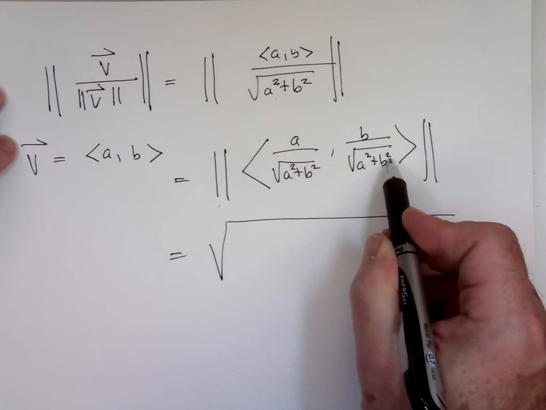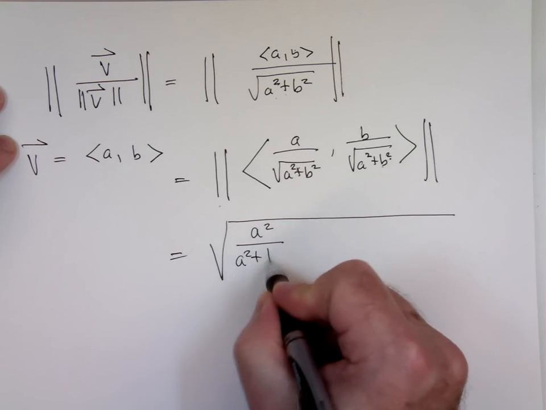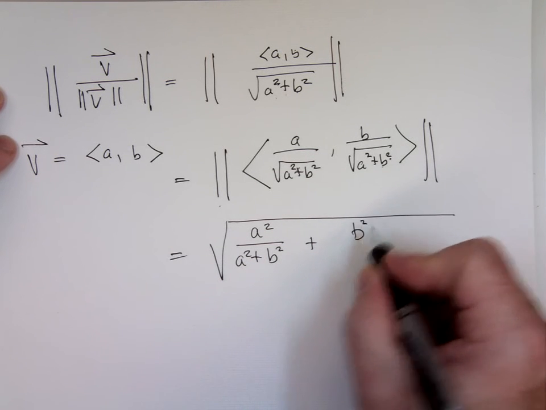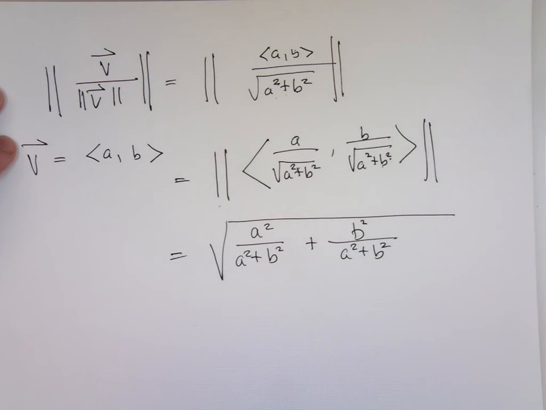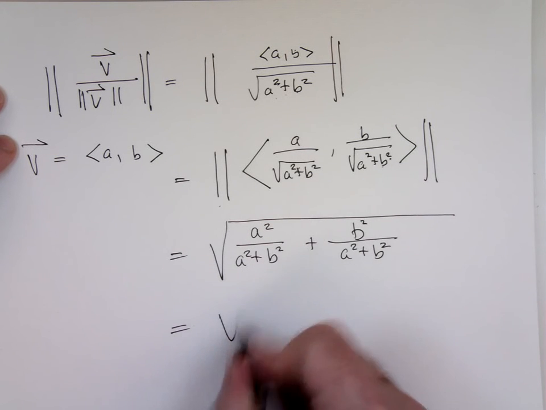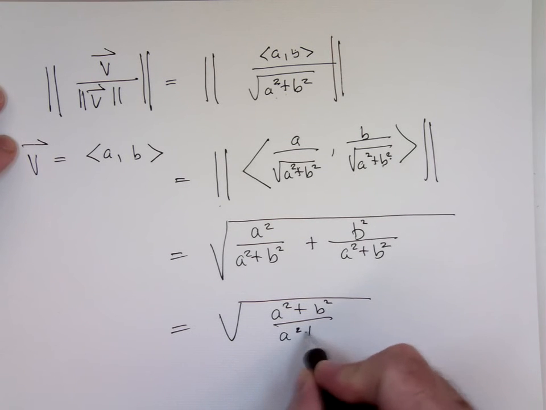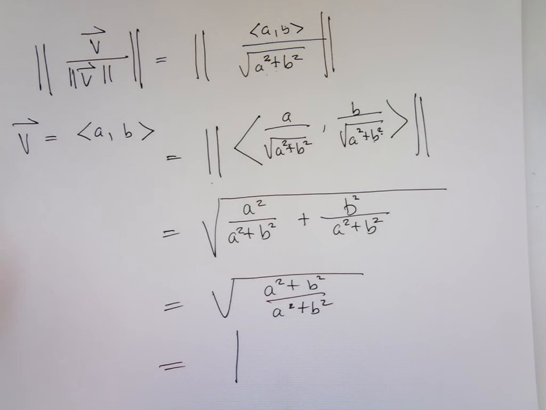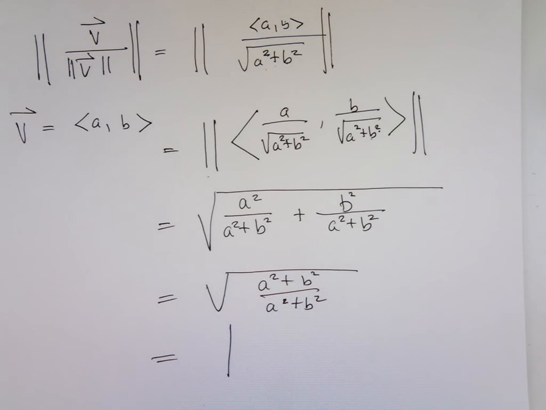So I'm going to square each. These are fun to do. If you get some time sometime, you should do a couple of these little proofs. Now we've got a common denominator, and we end up with 1. So what you've done is prove that the magnitude of a vector divided by its magnitude is 1. A unit vector. Just for laughs, you can do that kind of stuff.